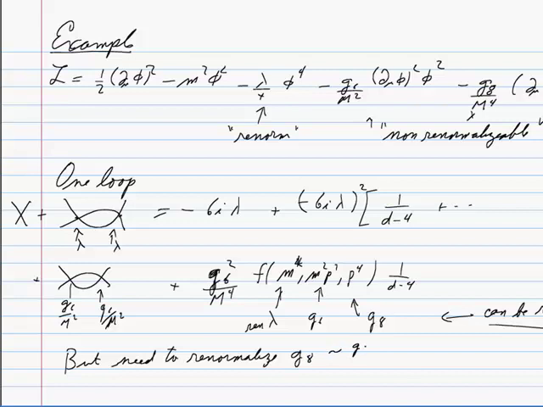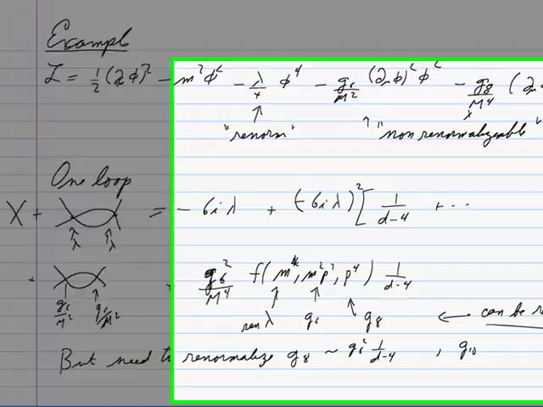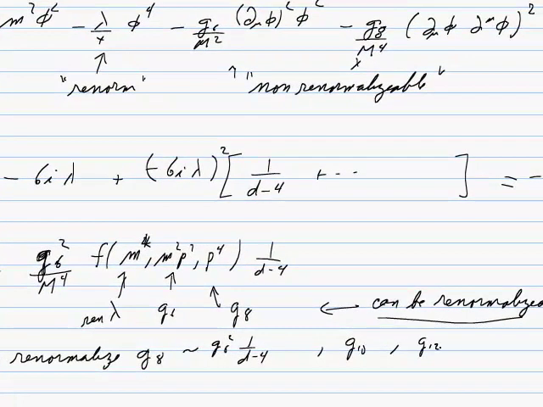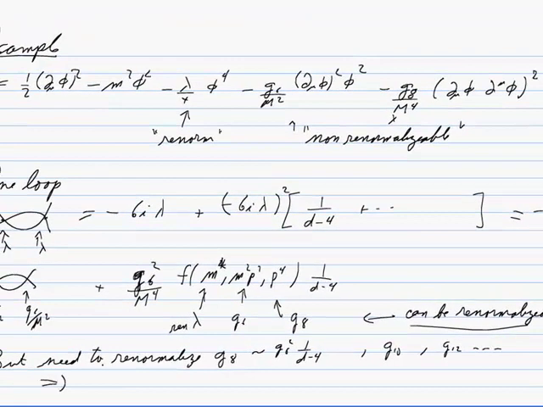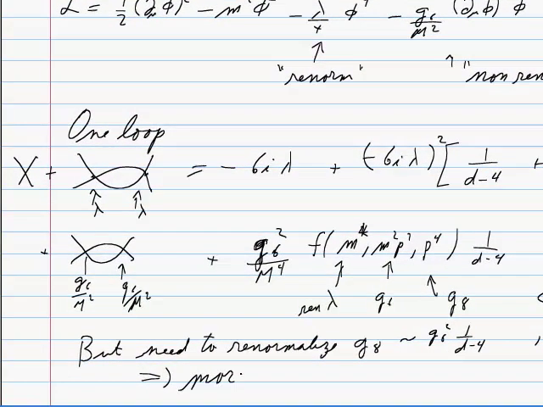That goes like something like g6 squared over d minus 4. And at 2 loops, I'll have to renormalize yet other operators. I'd have to renormalize g10 and g12, etc. You have to keep doing it. So you have to keep doing more and more operators.